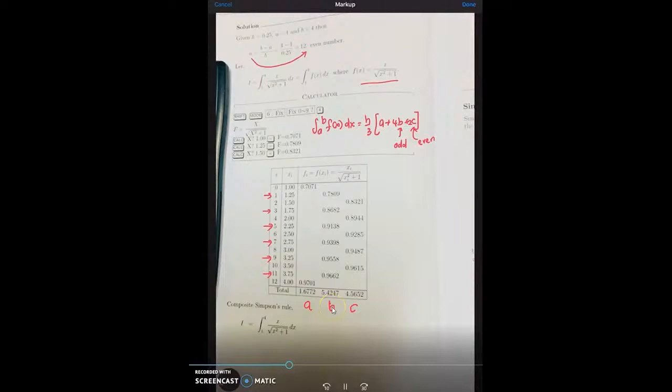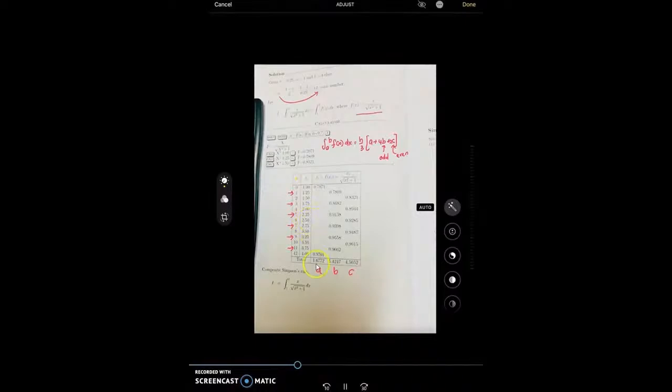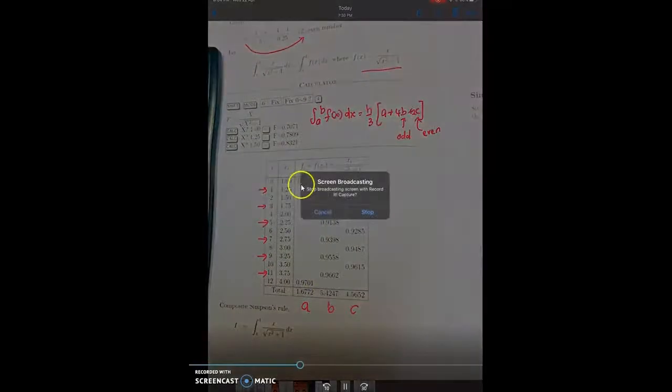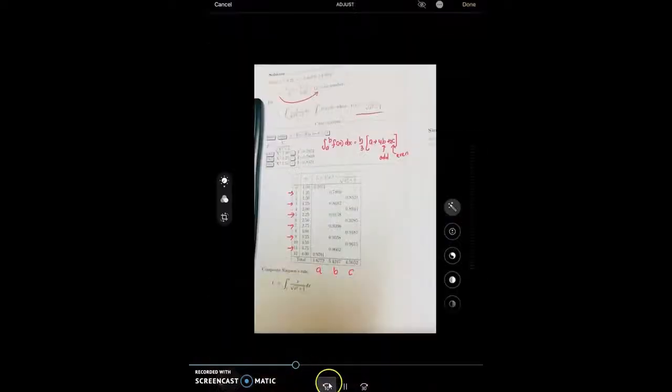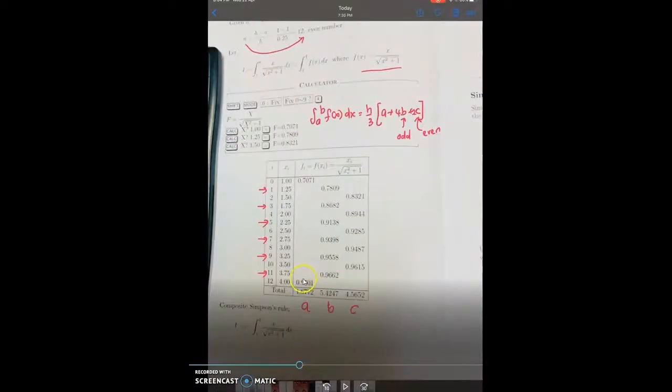And C is the summation of fi, where i is an even value. Odd values, for example, are f1 plus f3 plus f5 plus f11. C is the even numbers: f2 plus f4 plus f6 plus f8 plus f10.